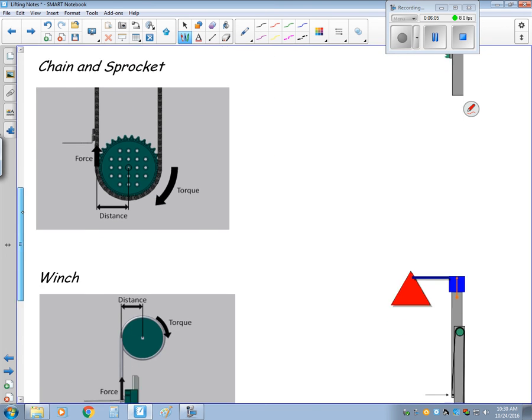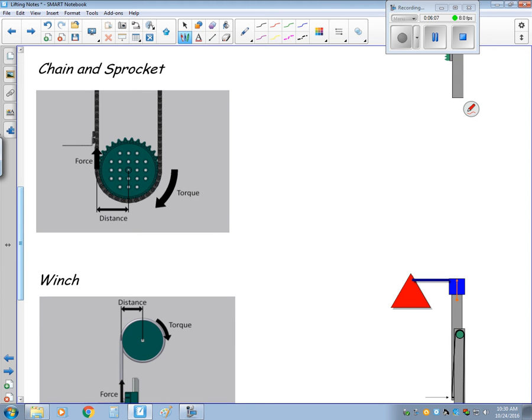Another type is a chain and sprocket type. So here we have a platform attached to some chain. Up here we would have the second half, another sprocket that's able to turn. We would attach the motor to either the top or the bottom sprocket.